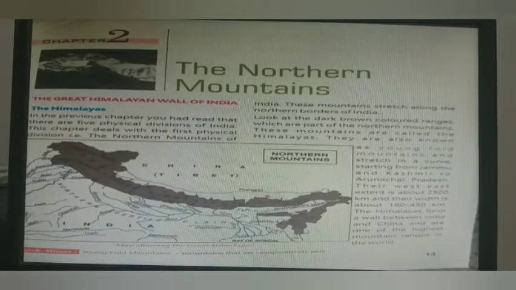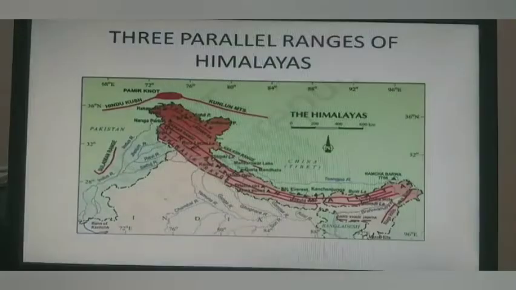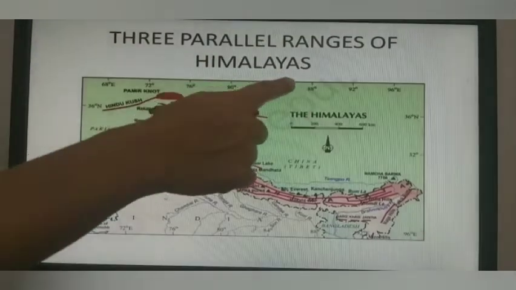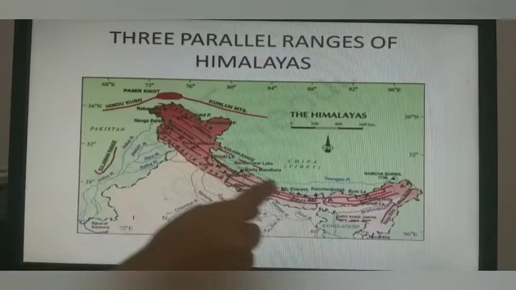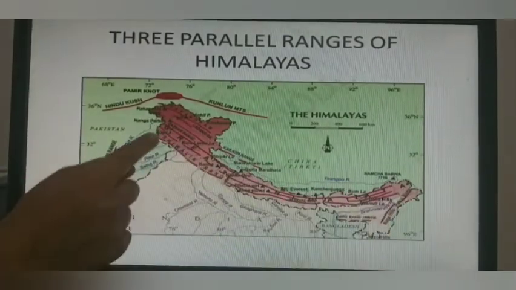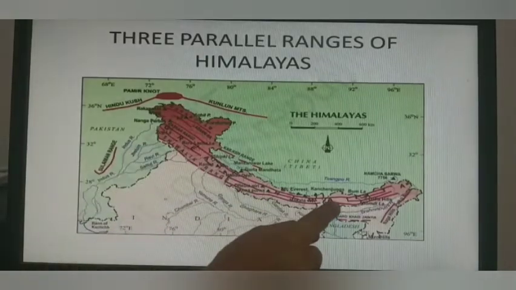We have also learned that these mountains are divided into three parallel ranges: Himadri, the middle one Himachal, and the lowest one Shivalik.